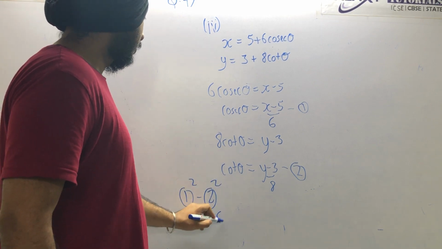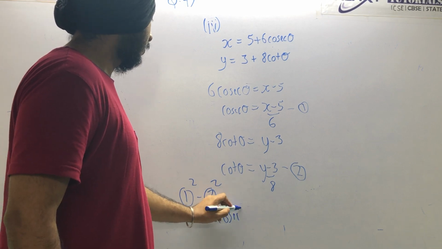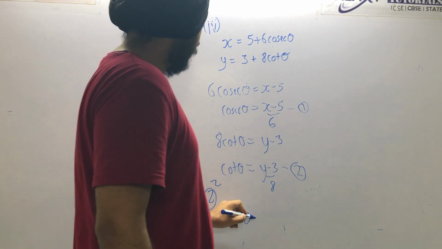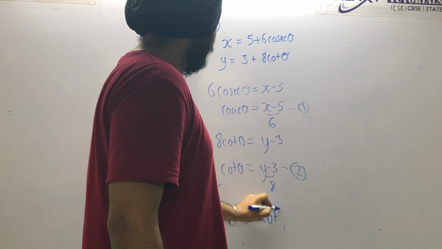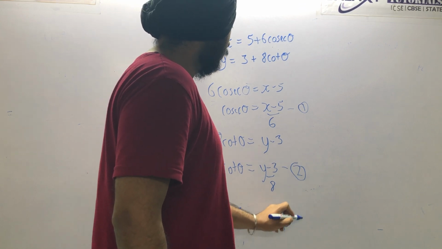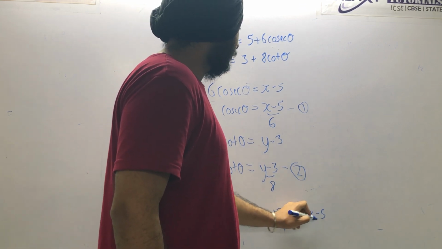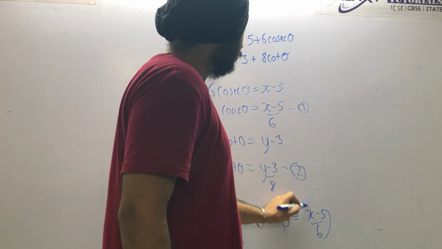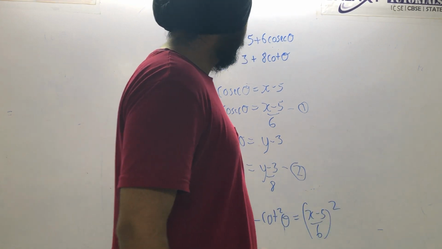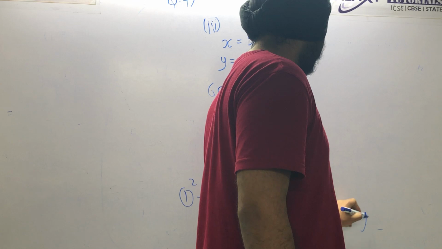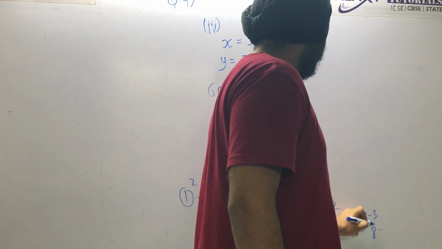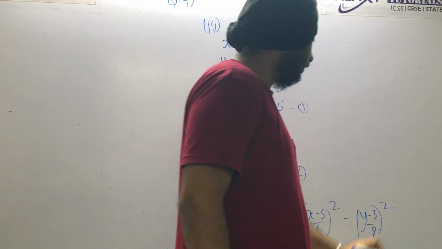You will get cosec square theta minus cot square theta is equal to (x minus 5 upon 6) whole square minus (y minus 3 upon 8) whole square.